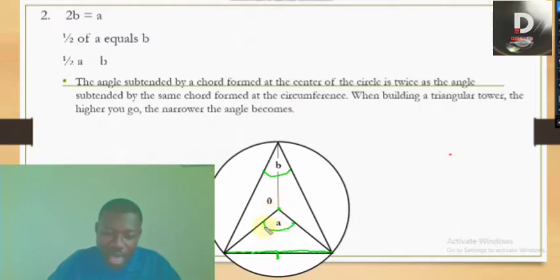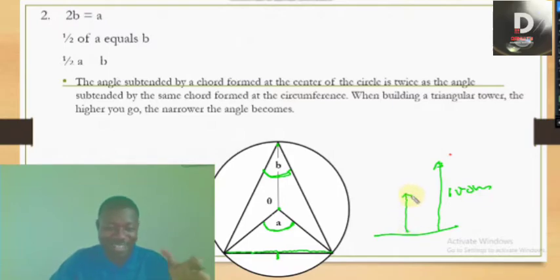Now, angle A ends at the center, angle B ends at the circumference. What do I mean? We started a 100-meter race. Usain Bolt, because of the energy he has, finished it. So he has finished 100 meters. You, the person listening to me, decided to end at 50 meters. You didn't finish. You were tired. Maybe you ate pepper before you started the race.